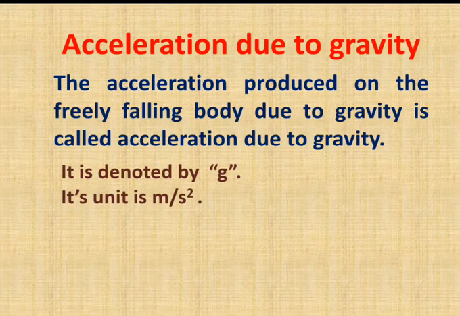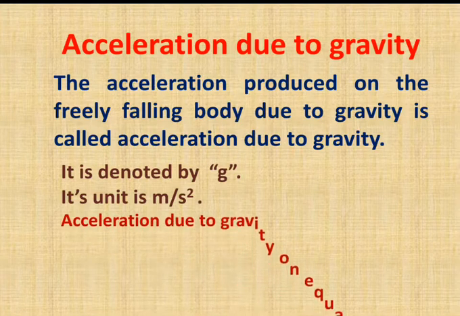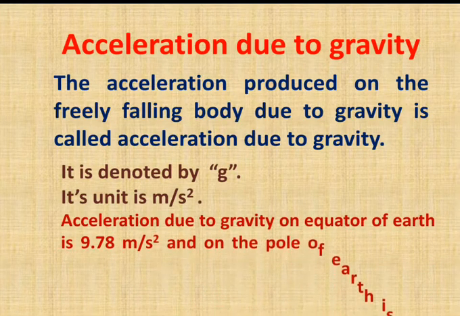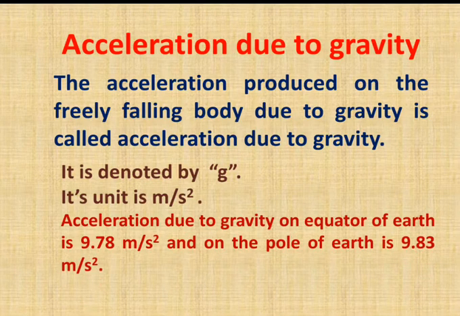Its unit is meter per second square. Acceleration due to gravity on equator of Earth is 9.78 meter per second square, and on the poles of Earth is 9.83 meter per second square.